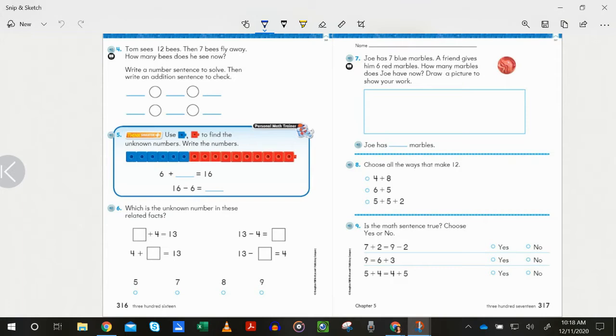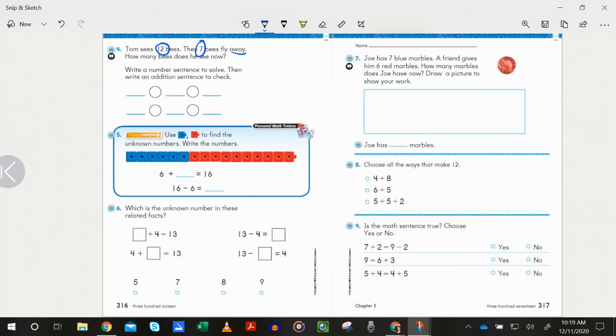Number 4. Tom sees 12 bees. I'm going to mark clues when I see them. Then 7 bees fly away. Ooh, away.